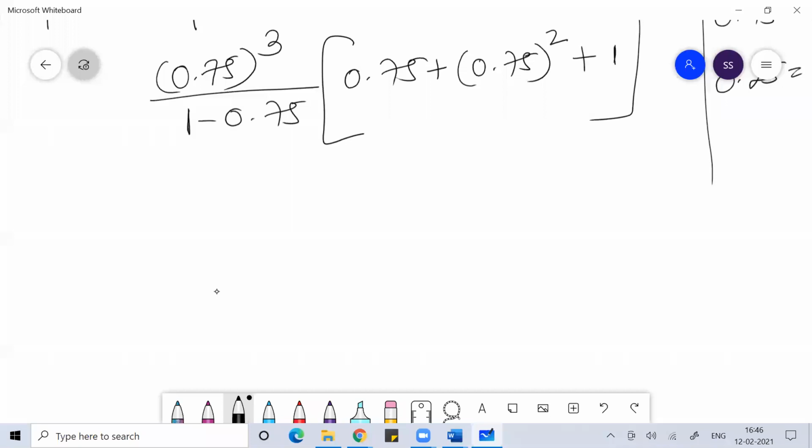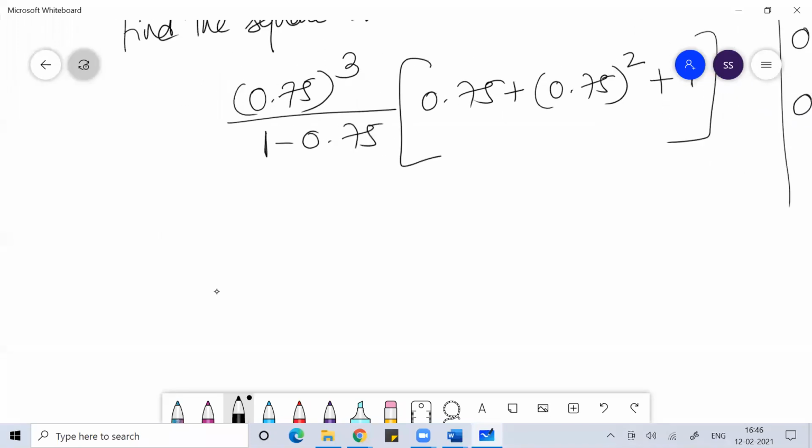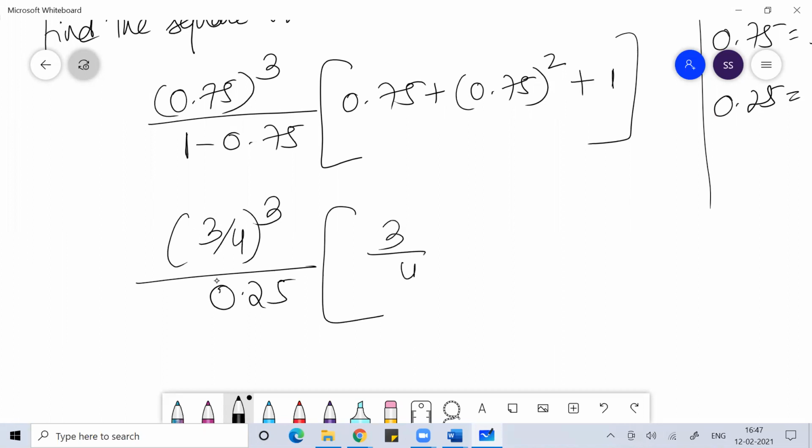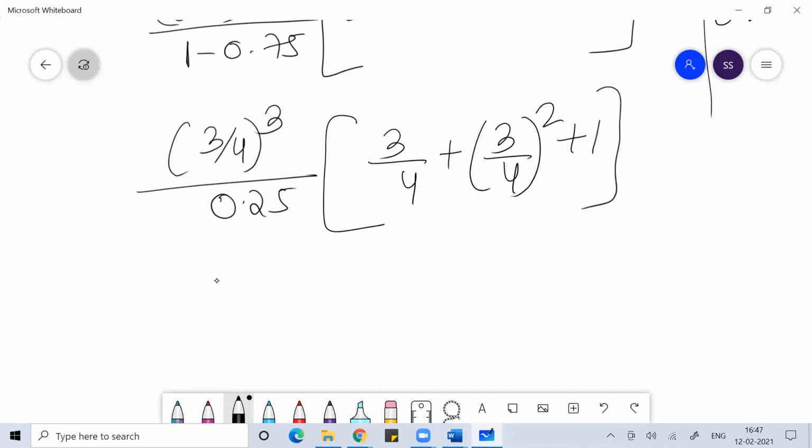So I can write this as 3 by 4 whole cube divided by 0.25, and 0.75 is 3 by 4 plus 3 by 4 whole square plus 1. 3 by 4 whole cube is 27 by 64.